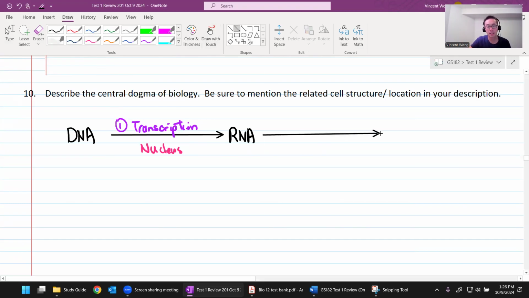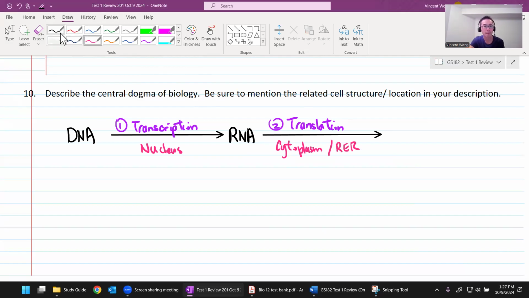And then the RNA is going to leave the nucleus through those pores and go into the cytoplasm, where you will use the information to actually build a protein in the process called translation. And that happens in the cytoplasm, or rough ER.